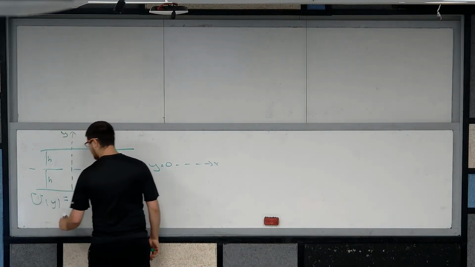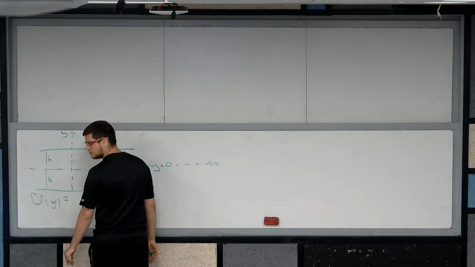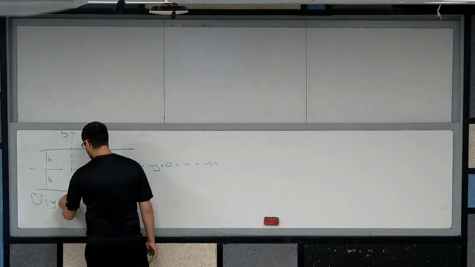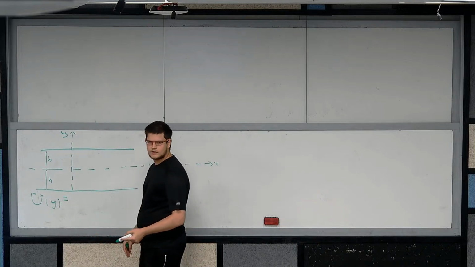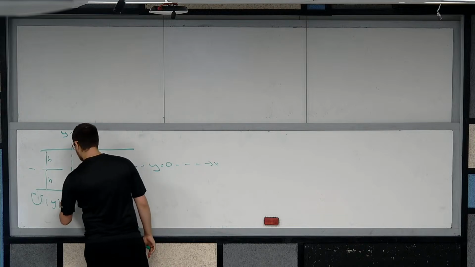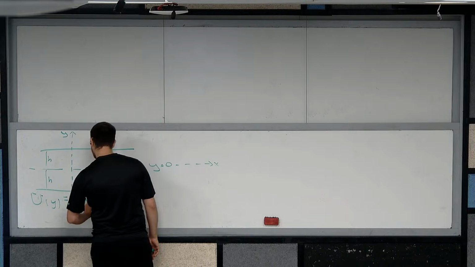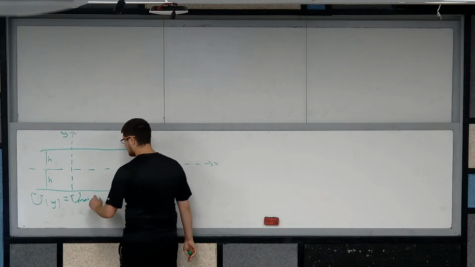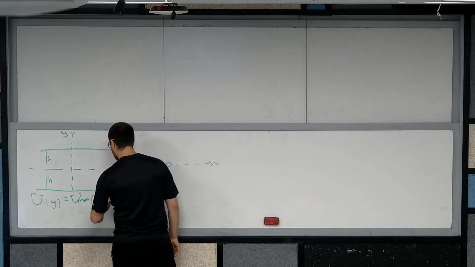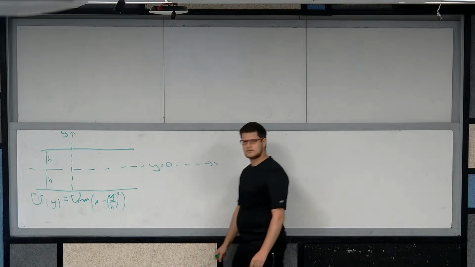But the flow, capital U, I mean a vector, will now be a vector. So it will go like u max, the max velocity, times 1 minus (y divided by h) squared, like that.